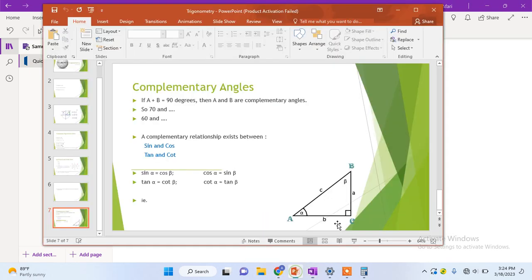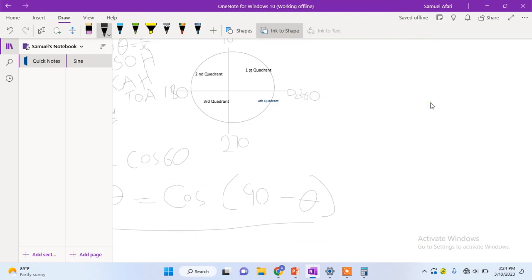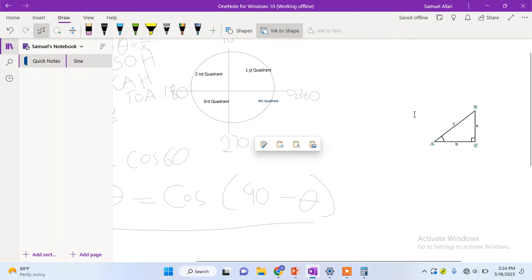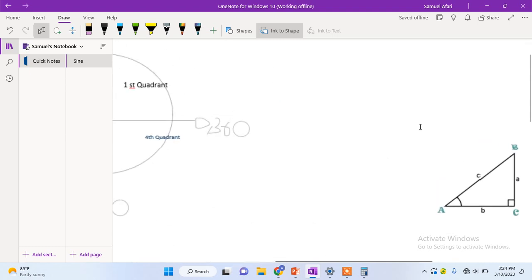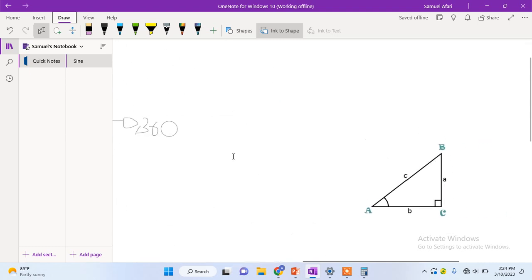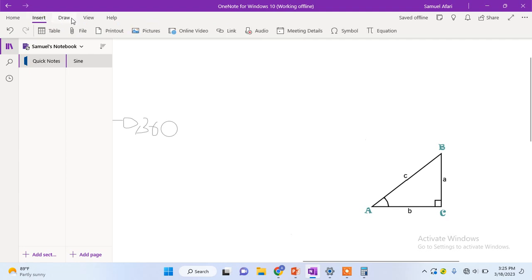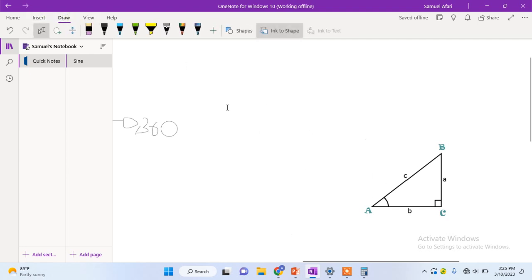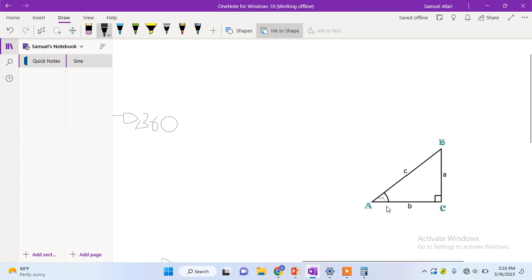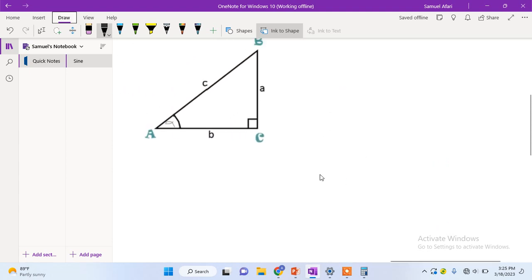Let me copy this triangle. Good, so that's our triangle. Let me write the alpha here. So this is alpha. Forgive me, but that's alpha. This is beta.